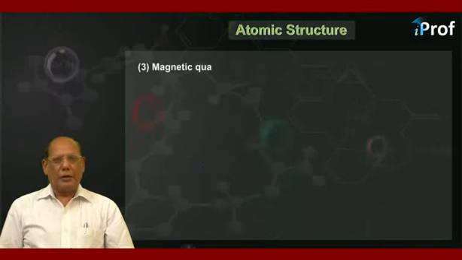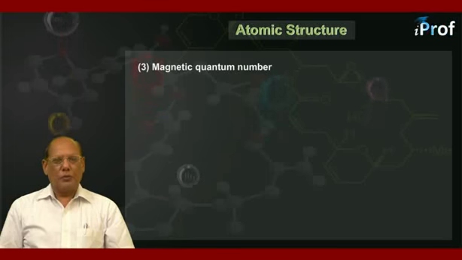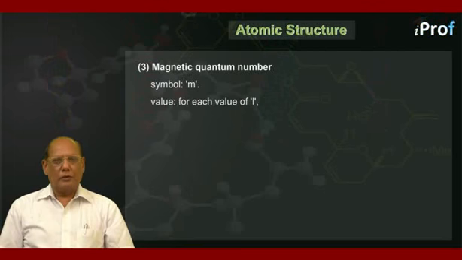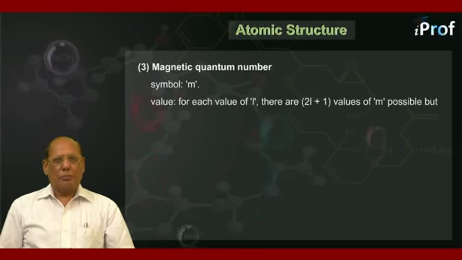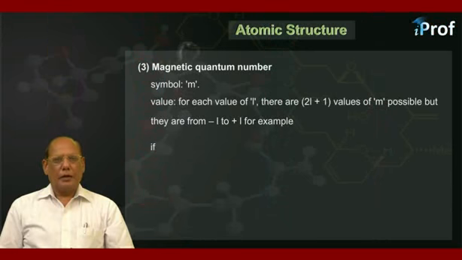Number 3, magnetic quantum number. Symbol m. Value for each value of l: there are 2l plus 1 values of m possible, but they are from minus l to plus l. For example, if l is equal to 0, then m is also equal to 0.